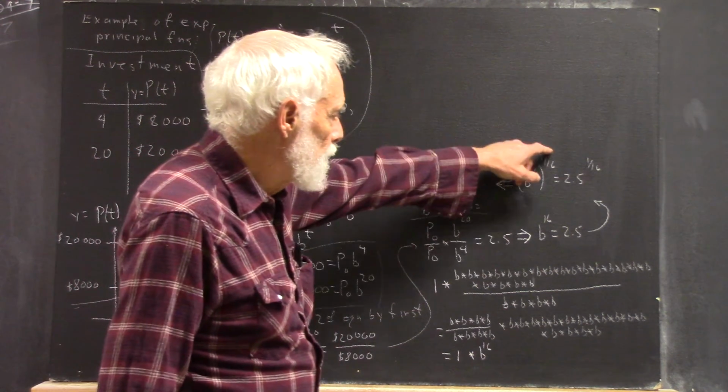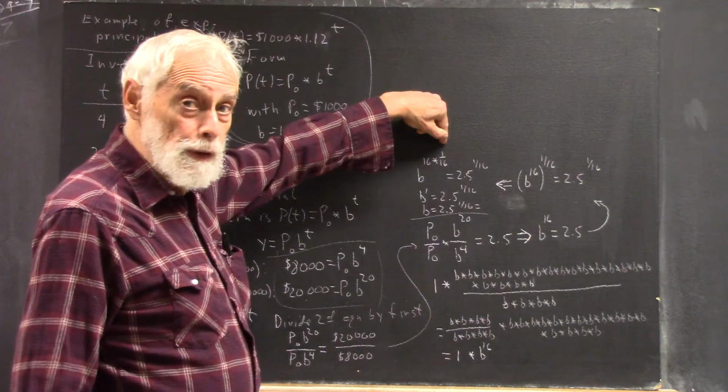So, b to the 16th to the 1/16 is b to the 16th times 1/16.